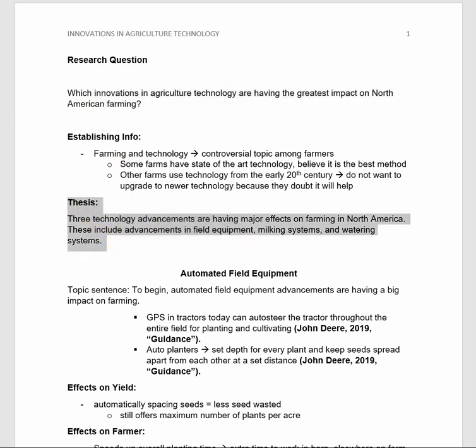The thesis statement here is: three technology advancements are having major effects on farming in North America. These include advancements in field equipment, milking systems, and watering systems. Those would be the three advancements that we would focus on in our three body paragraphs.